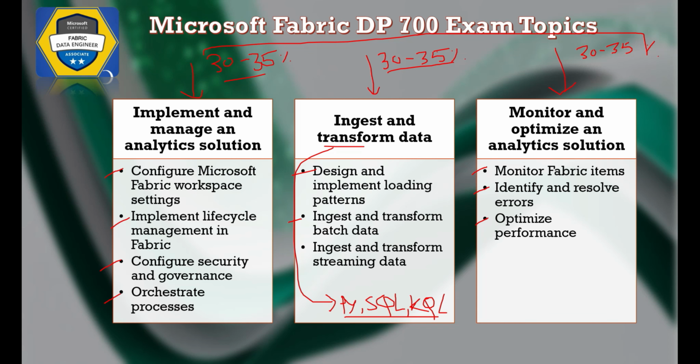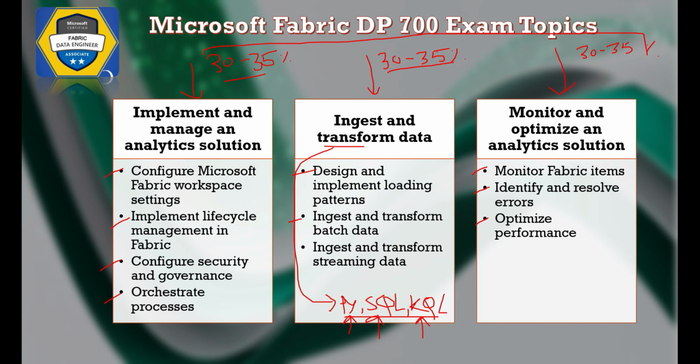Fabric has a lot of items, starting with pipelines, notebooks, and warehouses, and those are just components. Apart from that, you have developer-written code in PySpark and SQL, so at the code level you can also do a lot of query optimizations. All those come into the optimization part.